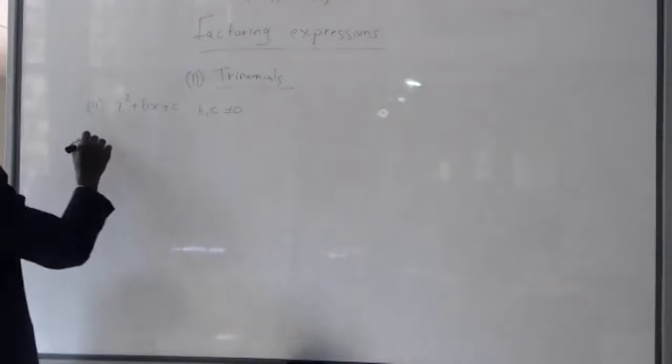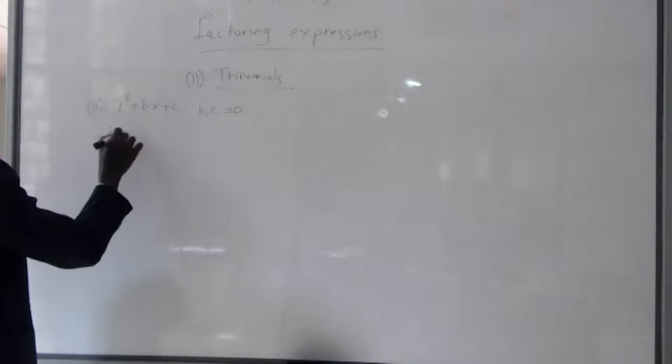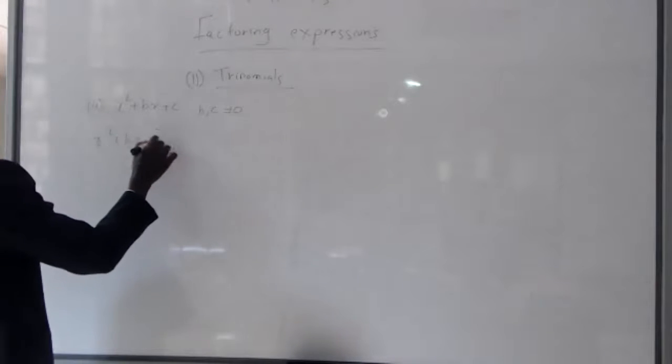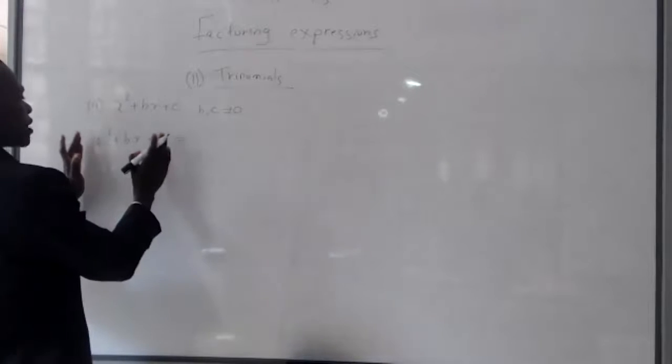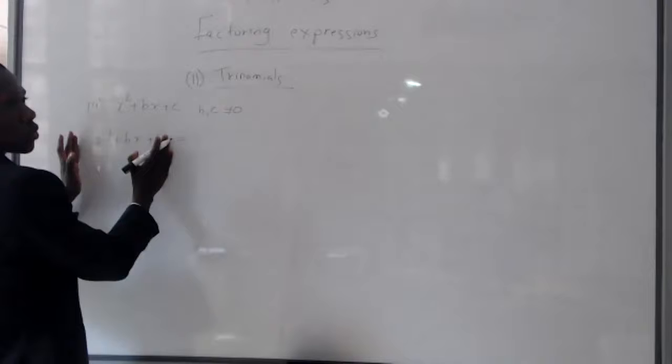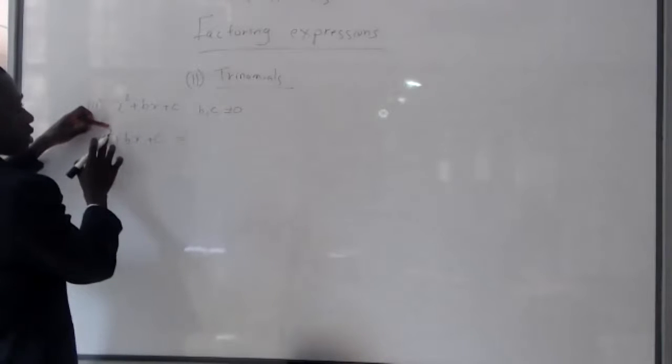So remember, we want to factorize x squared plus bx plus c. Well, that simply means we need to write this as a product of 2 expressions such that the order of each exponent is less than 2. In this case it is 1.